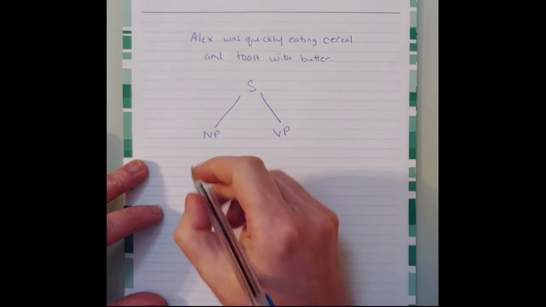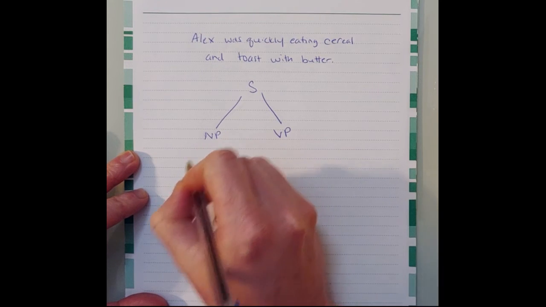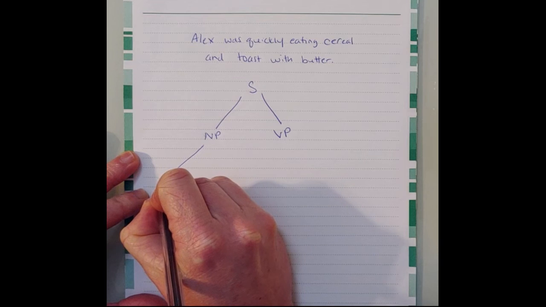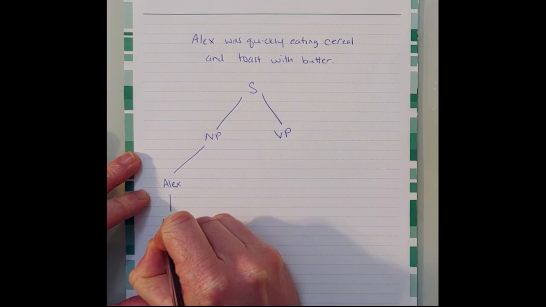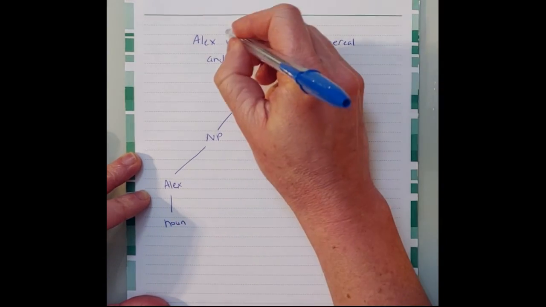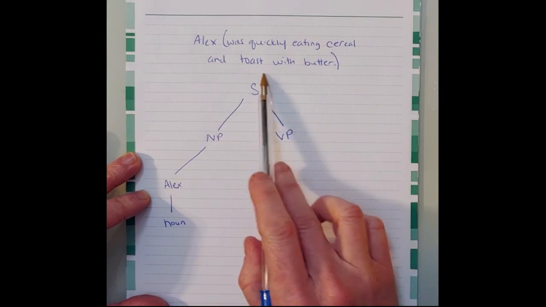Okay. So the reason I'm going to show you this one is so we've got our noun phrase, which is Alex, and that's a noun. And there's a reason I'm doing it way over here, because this is about to get complicated, because our entire predicate was quickly eating cereal and toast with butter.